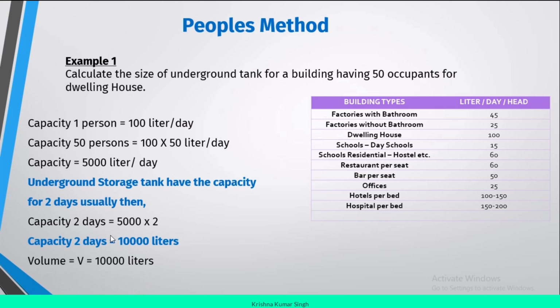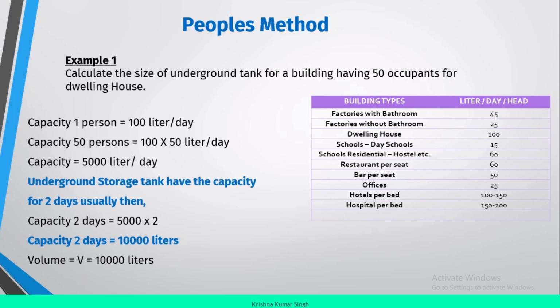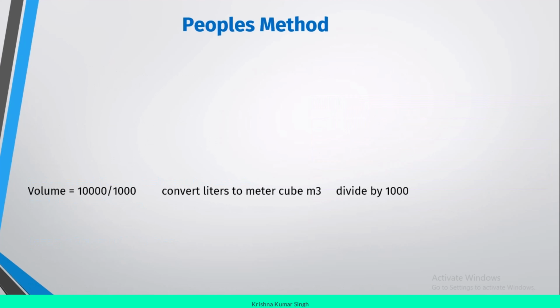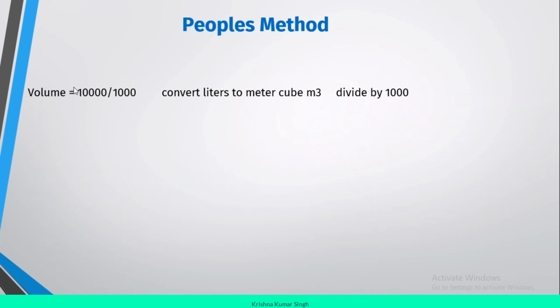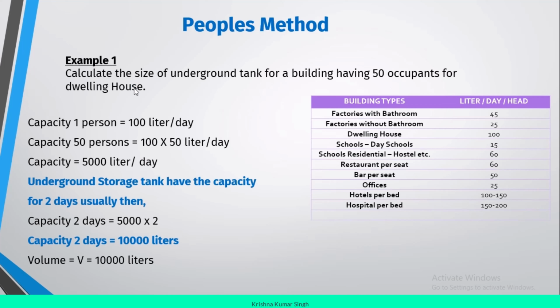I know that this is in liters, so it is basically volume. So I replace the word capacity with volume to avoid any confusion in my calculation. So the volume in my case is 10,000 liters. I will convert my volume into meter cube. Right now, my units for volume are liters.